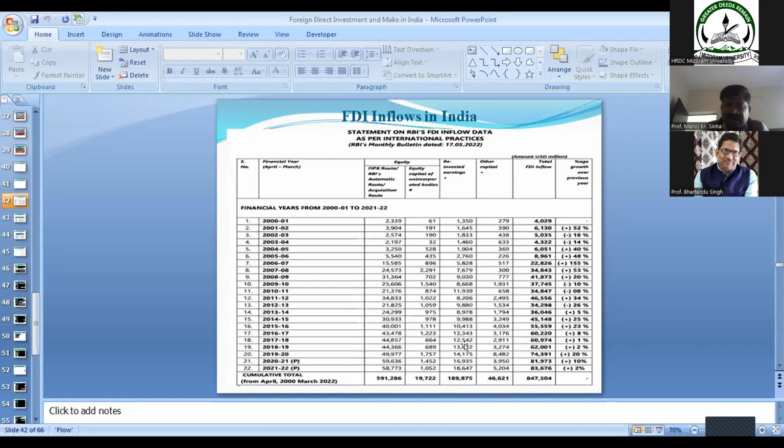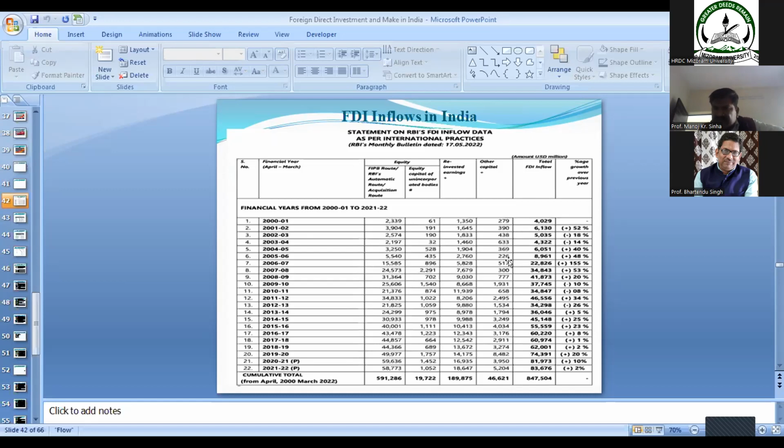FDI inflow in India since 2000 and 2001, up to 2020, 21, 22. We can see this last column is the percentage growth over the previous year. It is important. We can see from here there is an alternating plus minus sign. This sign indicates that FDI inflow with respect to the previous year increased if there is a positive sign.